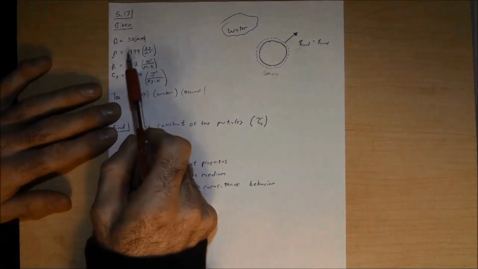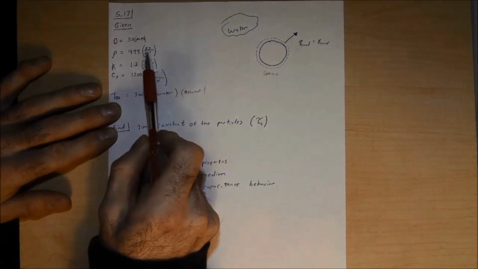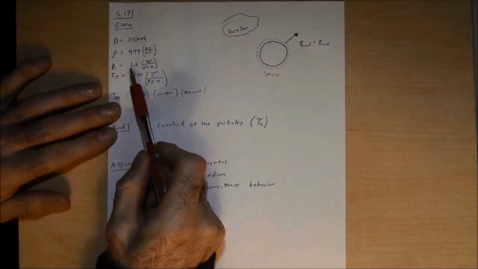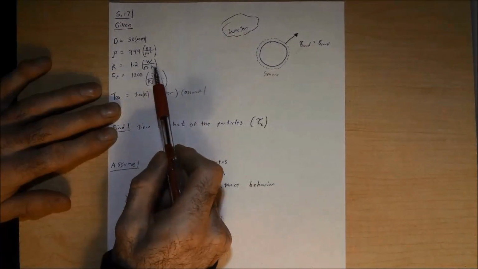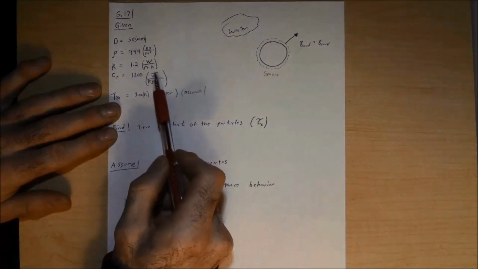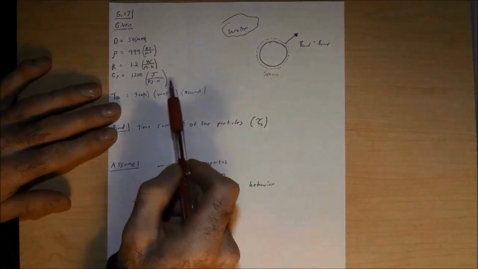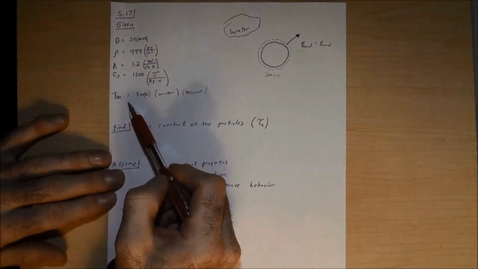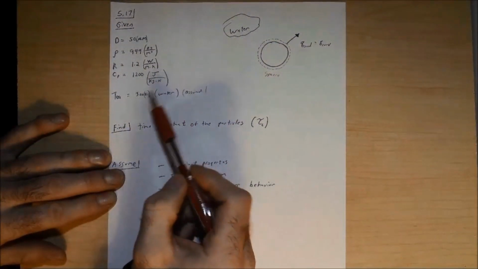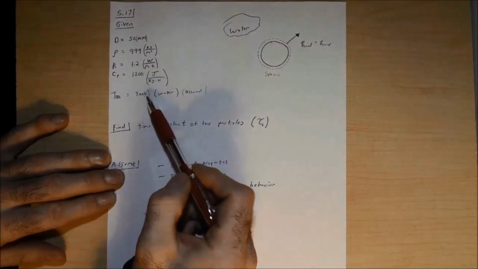We have a density of 999 kilograms per meter cubed, a k value of 1.2 watts per meter times Kelvin, and a specific heat of 1200 joules per kilogram times Kelvin. The surrounding temperature, water in this case, is 300 Kelvin.